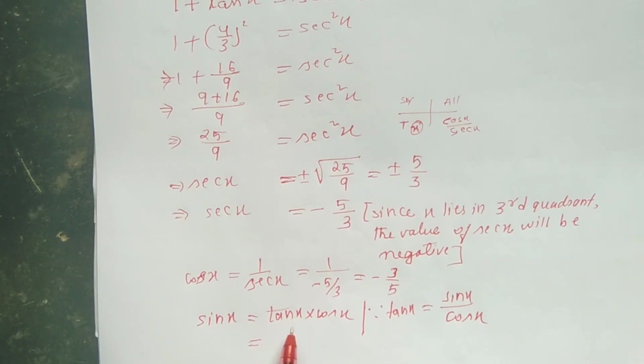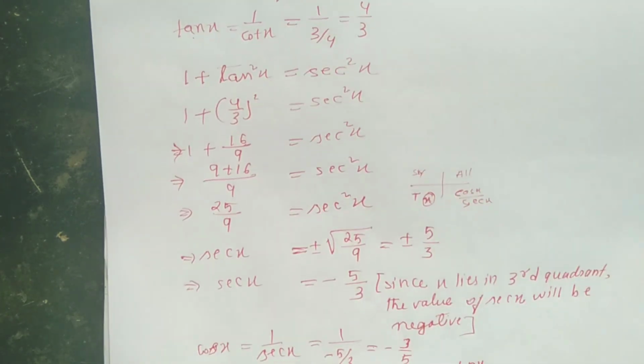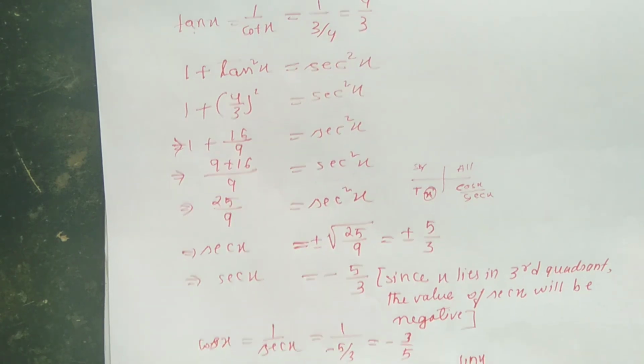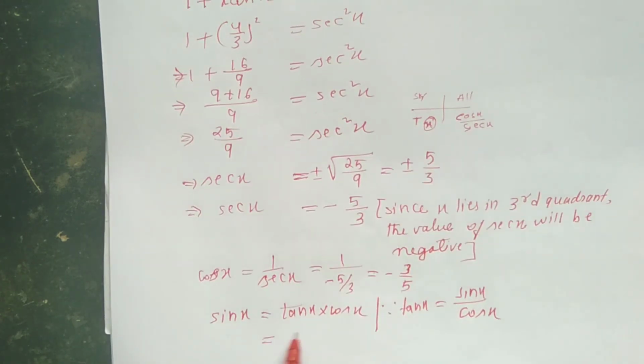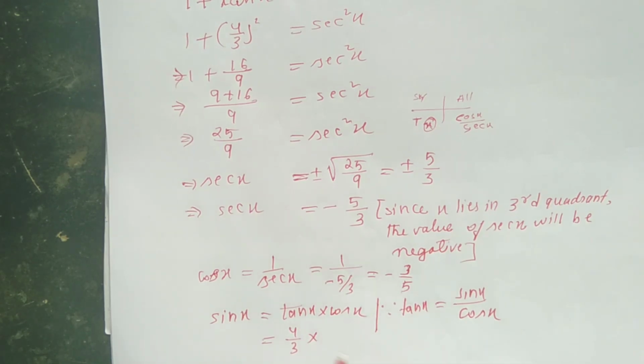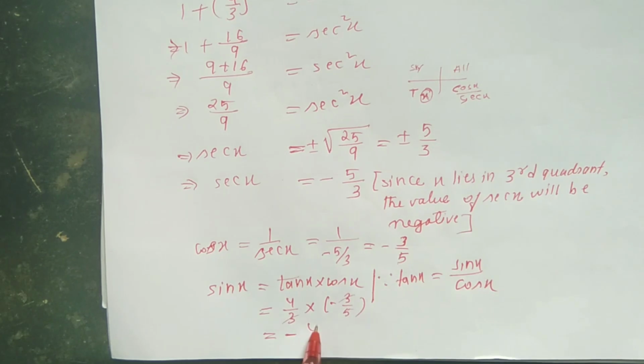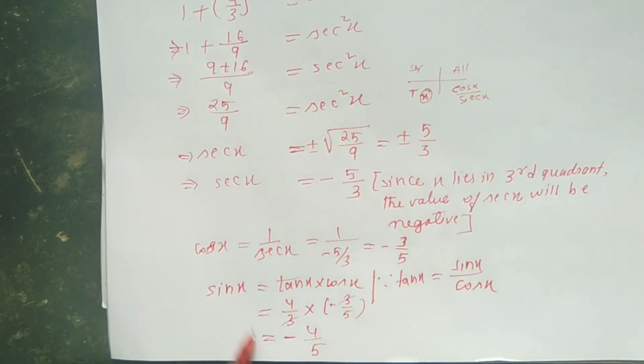Now what is the value of tan x? Here tan x equals 4 by 3, into cos x, which is minus 3 by 5. Now the 3 gets cancelled, so the answer is minus 4 by 5. So sin x equals minus 4 by 5.